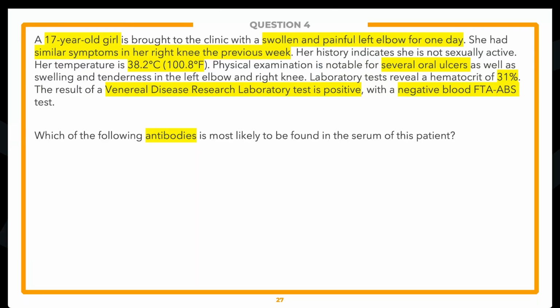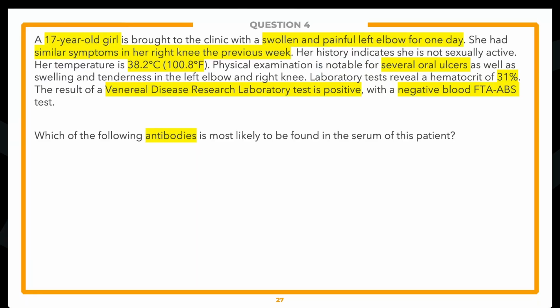Hematocrit is 31. Her VDRL is positive. So venereal disease research laboratory test, right? That's a VDRL. Negative blood for FTA-ABS. So we're going to talk about what these mean and what the overall clinical situation is pointing towards here.